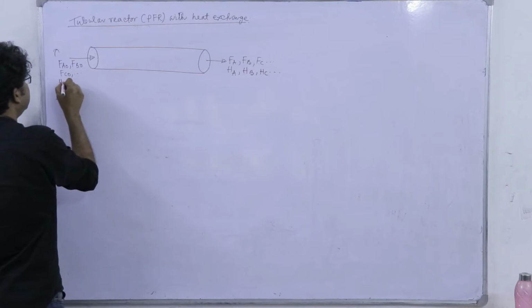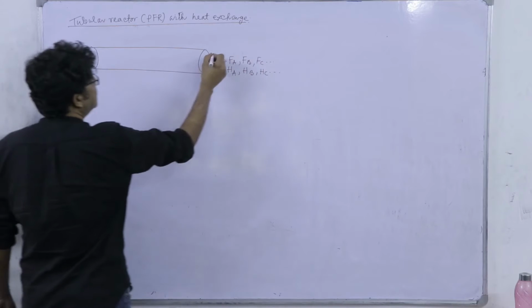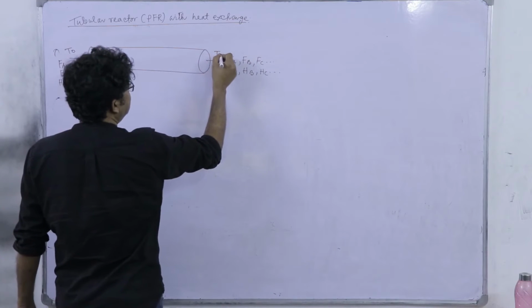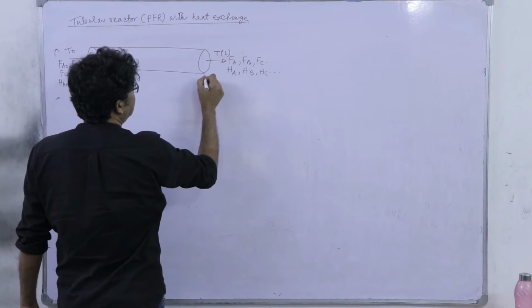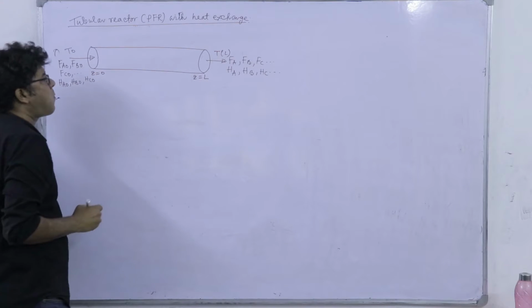Here it is HA naught, HB naught, Hc naught. Temperature commonly is T naught. Here it is T at L. So, this is Z equal to L, this is Z equal to 0.